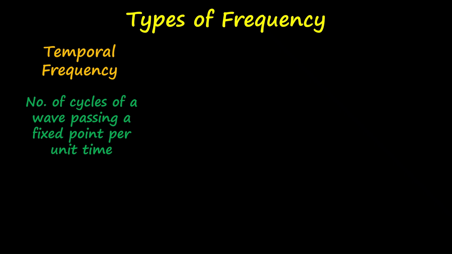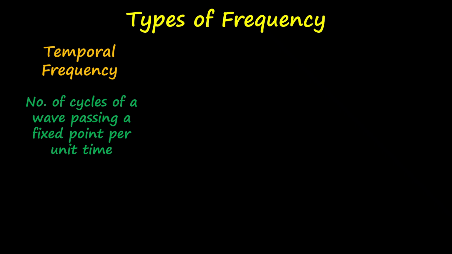So far, we have used the Fourier transform to go from time domain to frequency domain. And the frequency here is called the temporal frequency, that is, the number of cycles of a wave passing a fixed point per unit time. But Fourier transforms are not limited to time. We can use them in space as well and transform to different types of frequency.